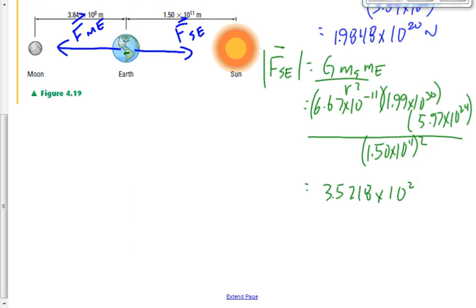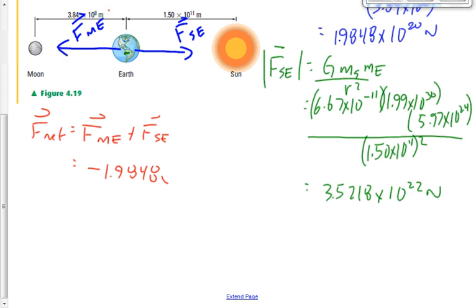Now what? I get two values of force. We're only looking for one. What am I going to do with them? We're going to add them together, just like our problems back in Unit 2, right? We've got a free body diagram with two forces. F net is equal to the sum of the forces. Let's add them up. F net is equal to F ME plus F SE, which is negative 1.9848 times 10 to the 20 plus positive 3.5218 times 10 to the 22.